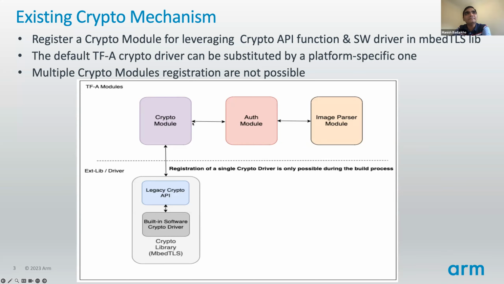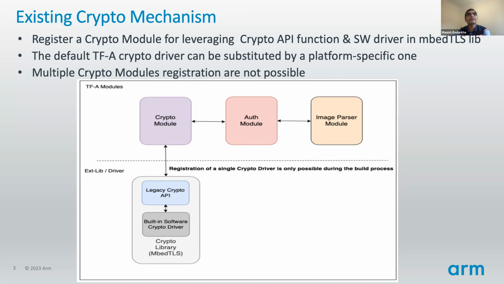We have one abstraction layer in TF-A that we call the crypto module driver. It uses various functions and then calls the registered backend driver. In the current mechanism of TF-A, we can only register a single crypto driver at a time. We currently don't have the facility to register multiple crypto drivers.